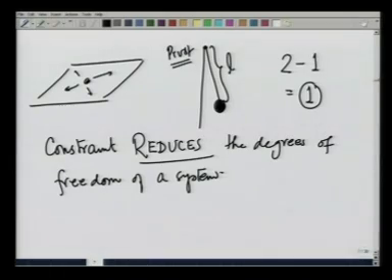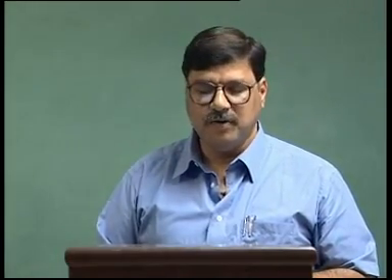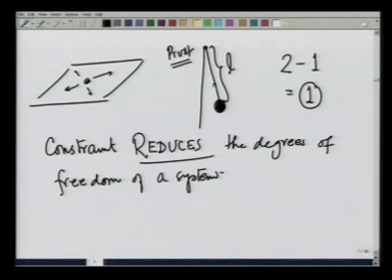How do we put the constraints on a system? We put constraints on a system by applying certain forces. For example, here a force that is related to the constraint is the tension in the string. In a motion on a two-dimensional plane, the constraint force is the normal reaction on the particle due to the surface.